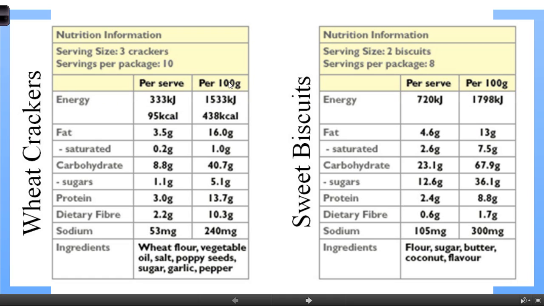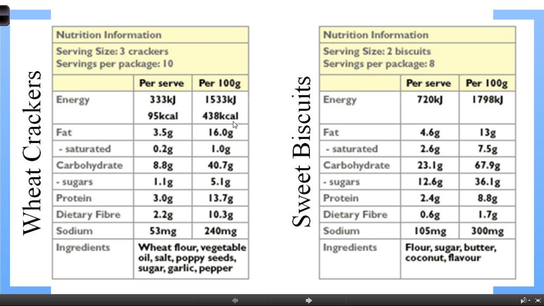Which one contains more energy? Well, energy in 100 grams. Here we've got 1,533 kilojoules, and here 1,798 kilojoules. We've obviously got more in the sweet biscuit. It's a bigger number. So over here we've got the value in calories too.